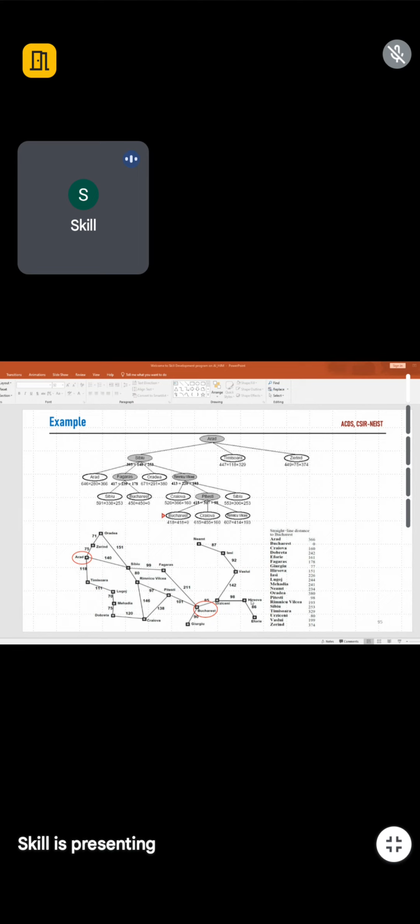Whichever is the best, it is used for that particular application. Any more questions?